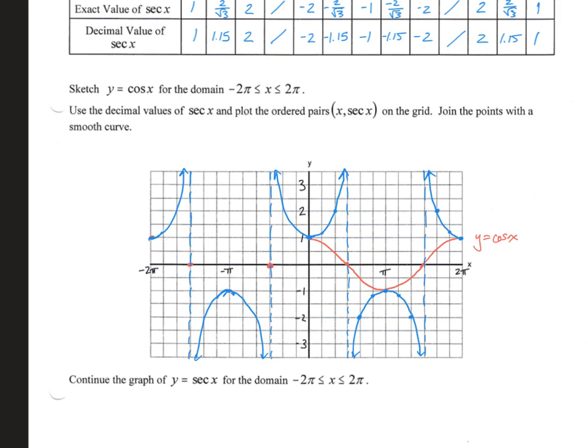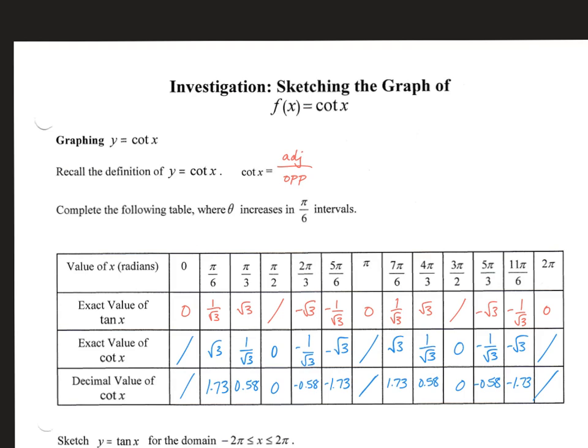Okay, so now we should have our cosecant and our secant graphs covered. We have to get really good at knowing those curves. And now it's time to introduce cotangent. Okay, and so as you flipped over that page and completed your table dealing with tangent and cotangent, we should have been good that our cotangent is the reciprocal of our tangent.